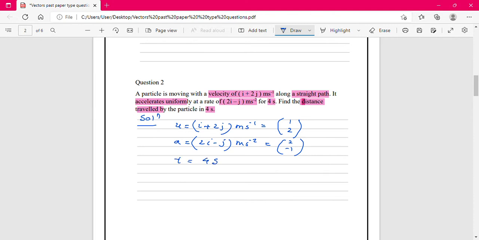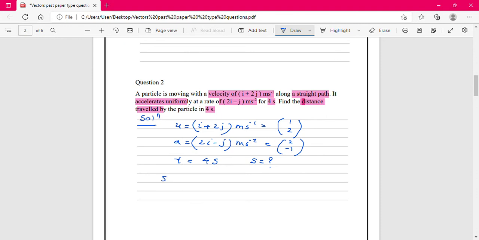Now since the particle is traveling in a straight path, the distance is the magnitude of displacement. So first of all you have to find out the displacement. So which is the best suitable equation of motion here? u is known, a is known, t is known.